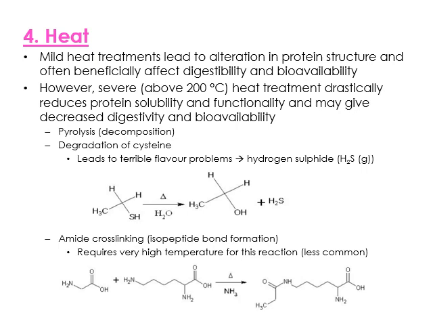In this extreme heat, you decompose the protein. We call this pyrolysis. Degradation of cysteine due to extreme heat can lead to terrible flavor problems because the thiol group will lead to the formation of hydrogen sulfide.